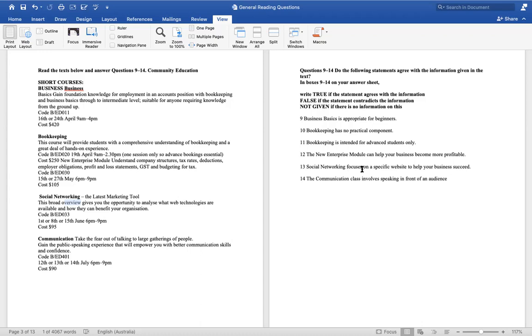This is the latest marketing tool, and it is just an overview to analyze what web technologies are given. It doesn't focus anywhere, it's just a broad overview. So the answer is false for 13.